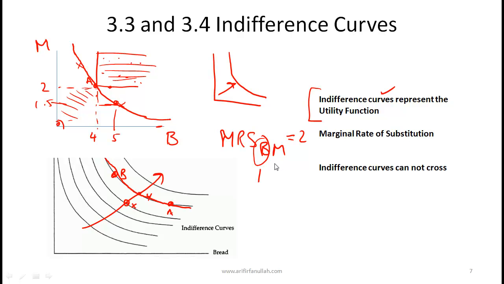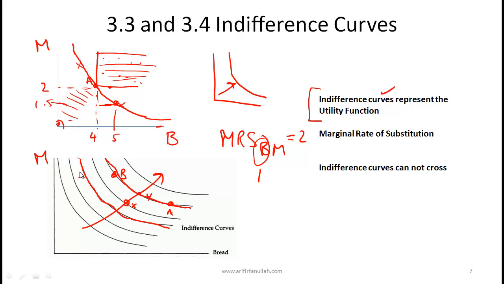Now, will the marginal rate of substitution be the same anywhere on a given indifference curve, or does it change? It changes. If this is milk on the y-axis and bread on the x-axis, then over here, when you don't have much bread, to give up 1 unit of bread you would require a lot of milk.